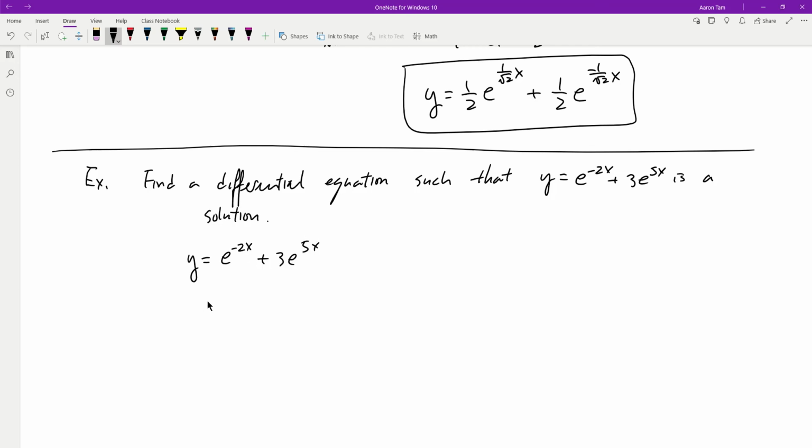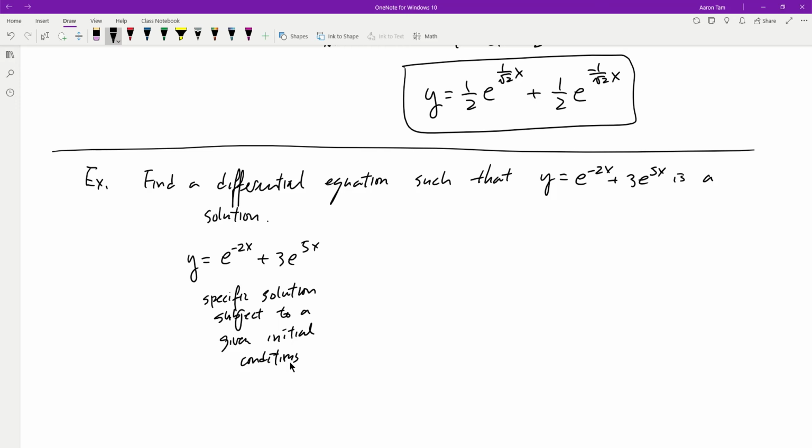So the idea is to first realize that this solution is basically what we call a particular solution or a specific solution, subject to some kind of given initial condition already. That's the reason why it doesn't have c1 and c2, but instead has a coefficient in front.